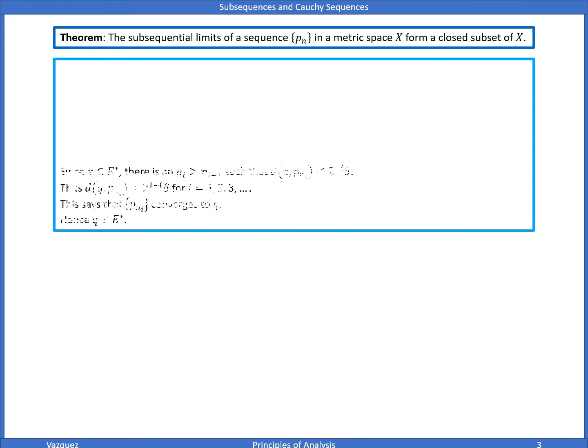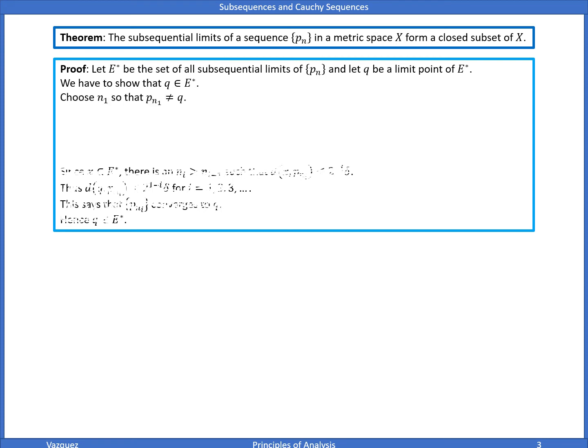So there's a not interesting case at first. Let E star be the set of all subsequential limits of P sub n, and let Q be a limit point of E star. We have to show that Q is indeed in E star. So we're going to choose n sub 1 such that P sub n sub 1 is not equal to Q. Simple enough.